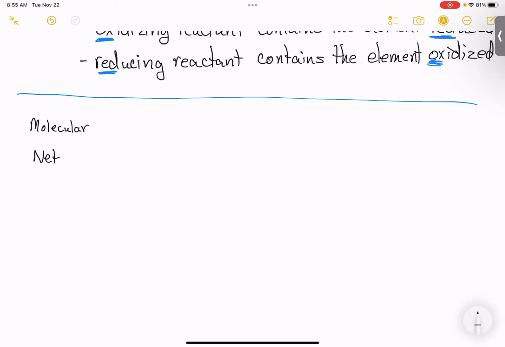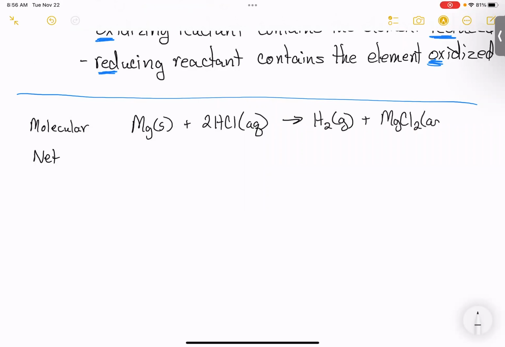The molecular equation was that magnesium solid reacted with 2 hydrochloric acids to make hydrogen gas plus magnesium chloride aqueous. And we went through the process. We determined that this was a single displacement reaction. So the metal replaced the cation in the compound. That's how we got our products.